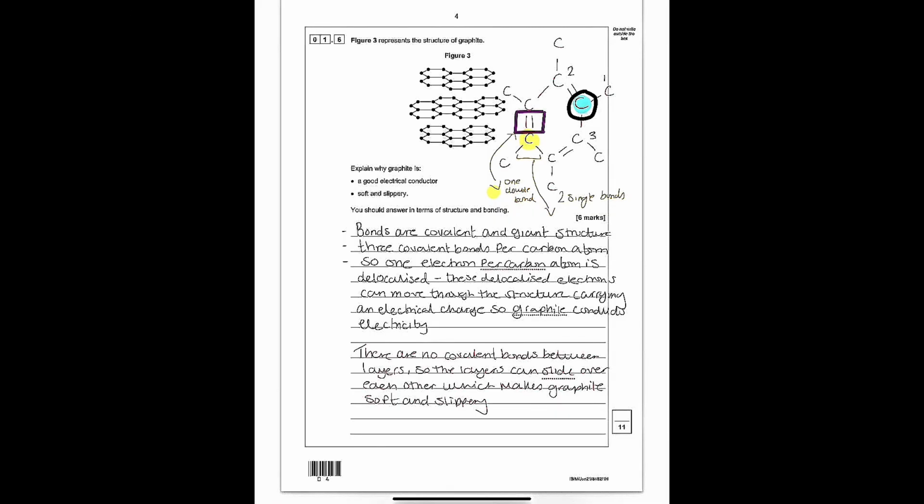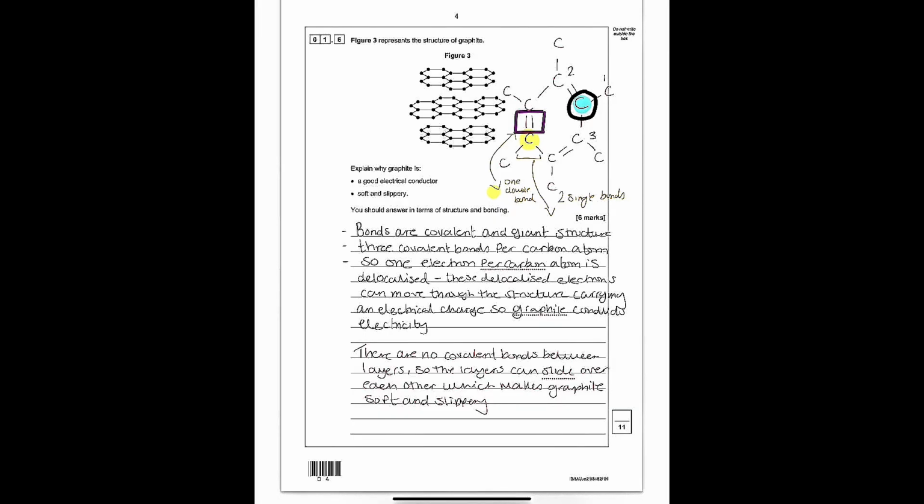Okay, so let's put this into writing. The first thing that I have written is that bonds are covalent and it is a giant structure. You can also write down it has a giant macromolecular structure as well. And I've written down 3 covalent bonds per carbon atom, which I've already showed you.